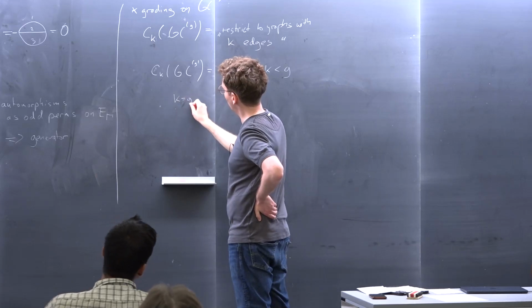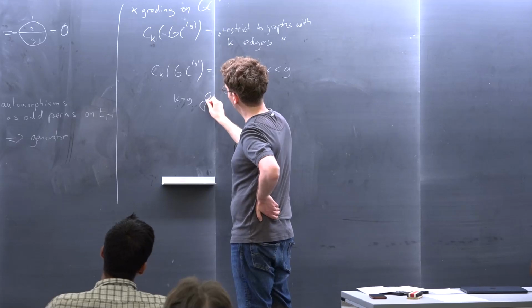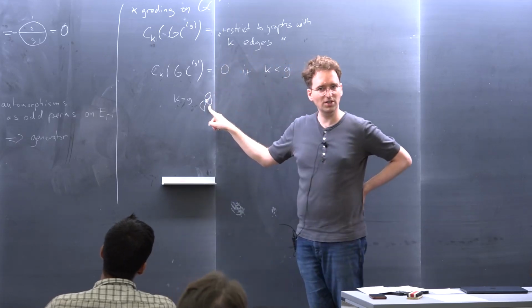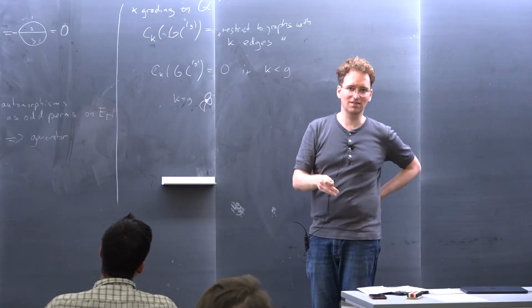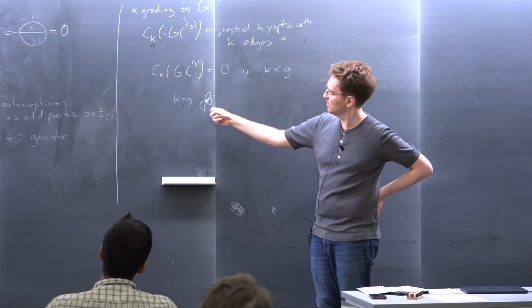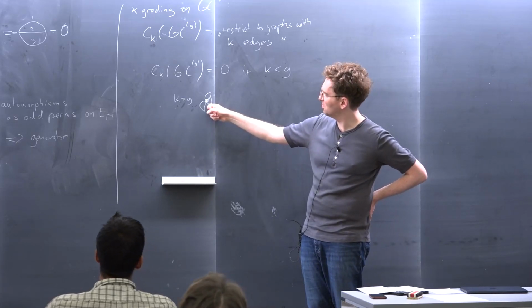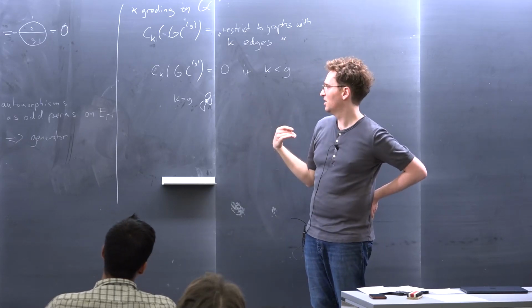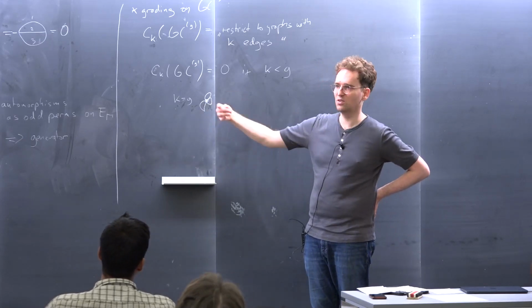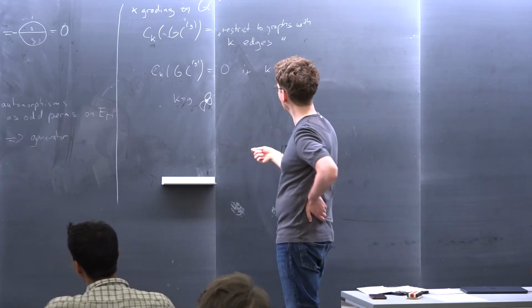For k equals g, we have graphs that have only one vertex, so they have the least number of vertices and the maximal number of edges. These are graphs that consist of one vertex and a number of edges incident to this one vertex. So only loops.